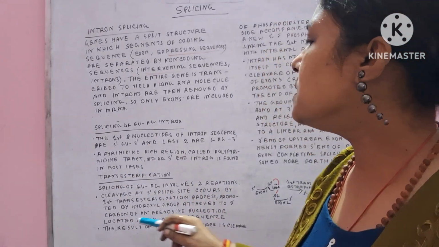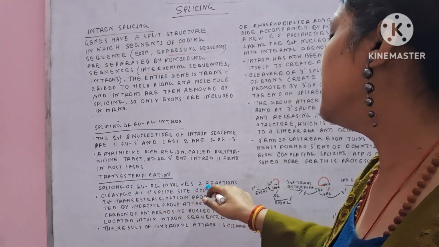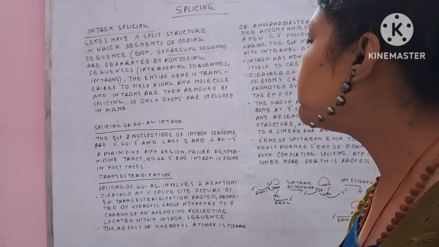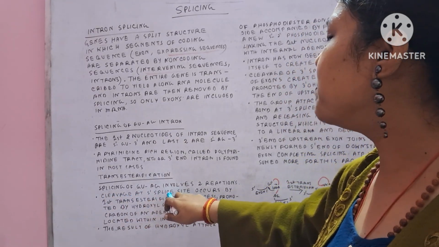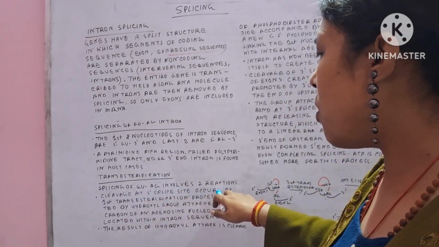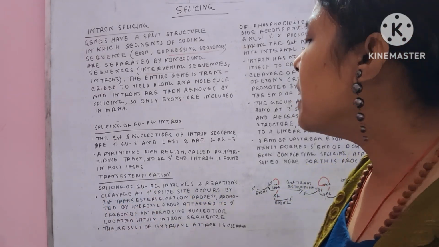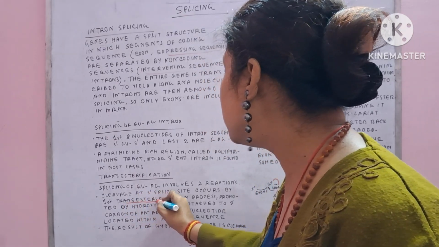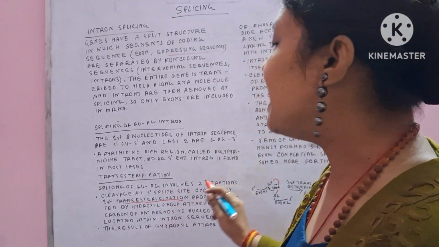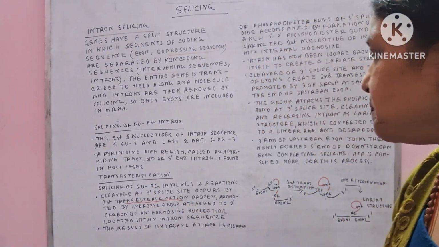The splicing of GU-AG involves these two reactions. In the first transesterification, the cleavage occurs at the 5' splice site.